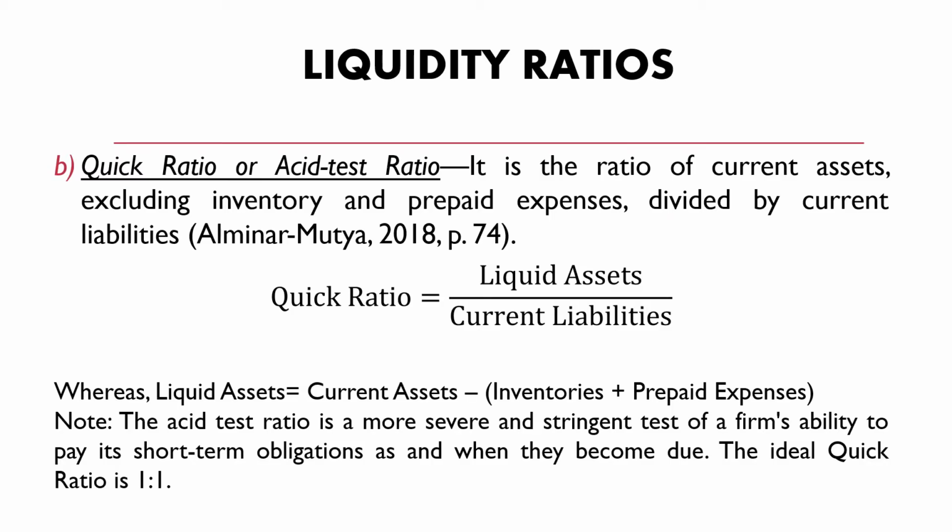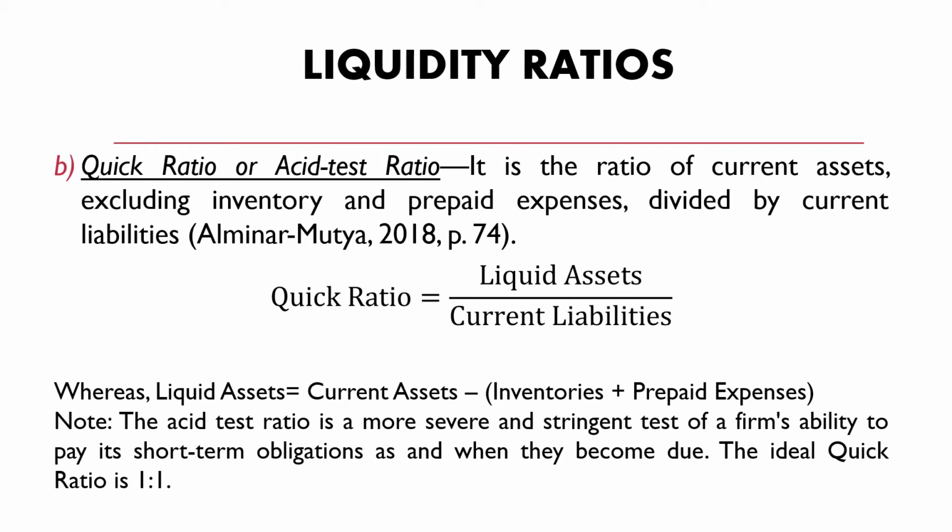The next type of liquidity ratio is the quick ratio, also known as the acid test ratio. It is a ratio of current assets, excluding inventory and prepaid expenses, divided by current liabilities. Liquid assets are equal to the current assets less inventories and prepaid expenses like prepaid rent and prepaid insurance.